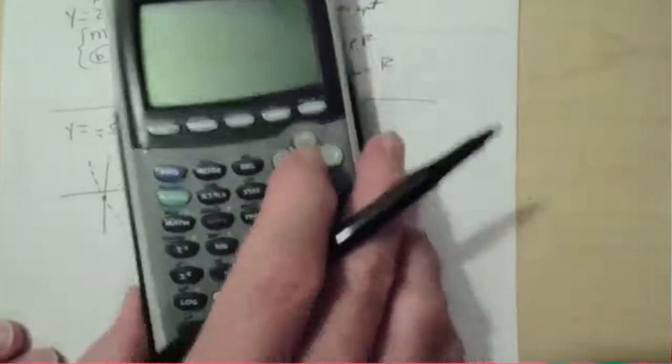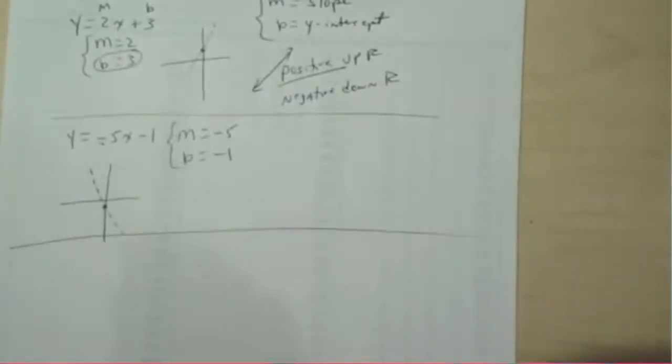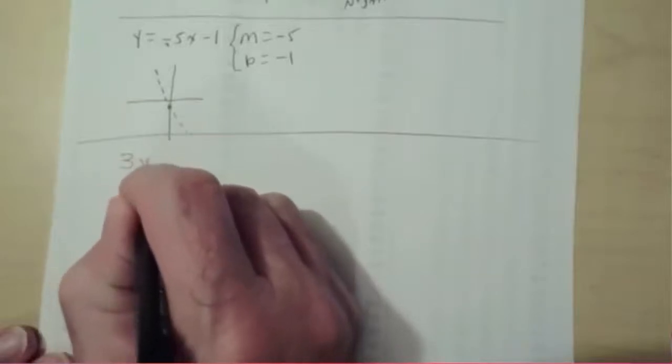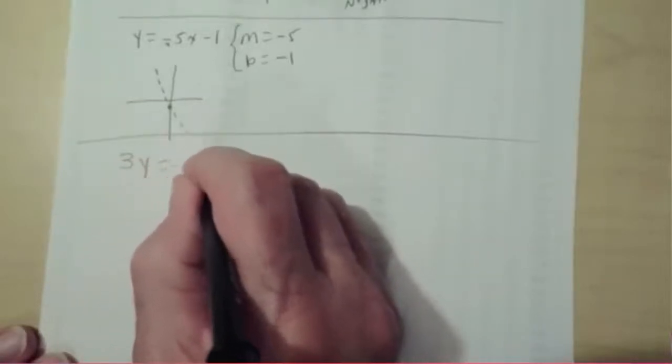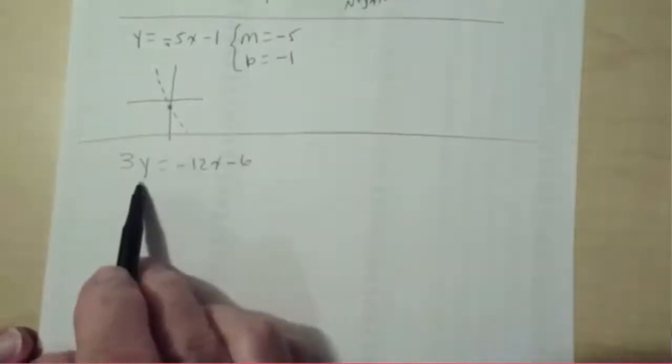Now, if you have 3y equals negative 12x minus 6, is this in slope-intercept form? And again, why do we call it slope-intercept?